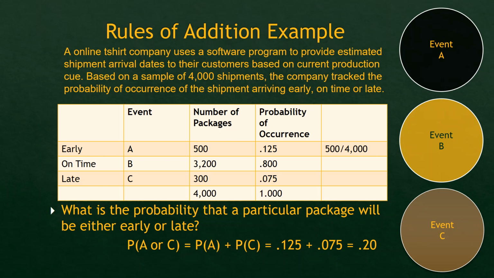Okay, so you want to know what is the probability of A or C occurring. So you add the probability of A and the probability of C, and that gives you 0.20 is the probability of A or C occurring.